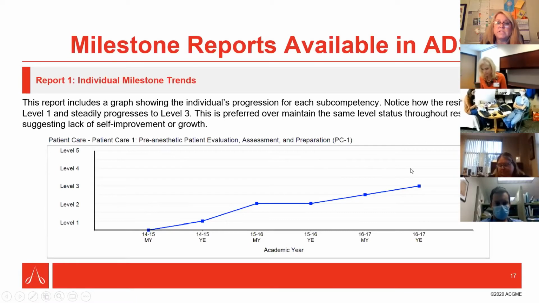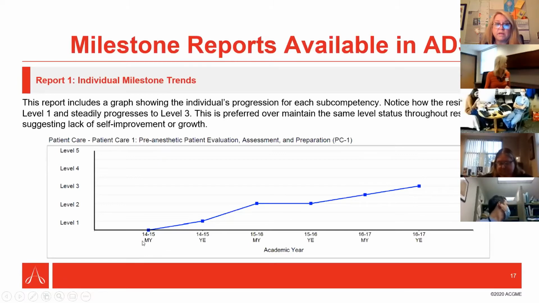The ACGME has developed these so that you would be at a level 4 by the time you graduate, but it is not a requirement that you are at a level 4 in every subcompetency to be able to graduate, okay? So this one just kind of shows this person's gradual progress over the year.